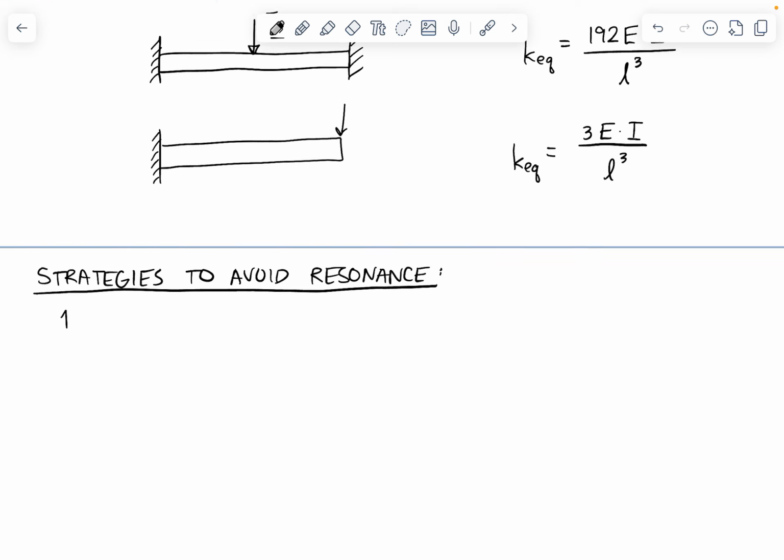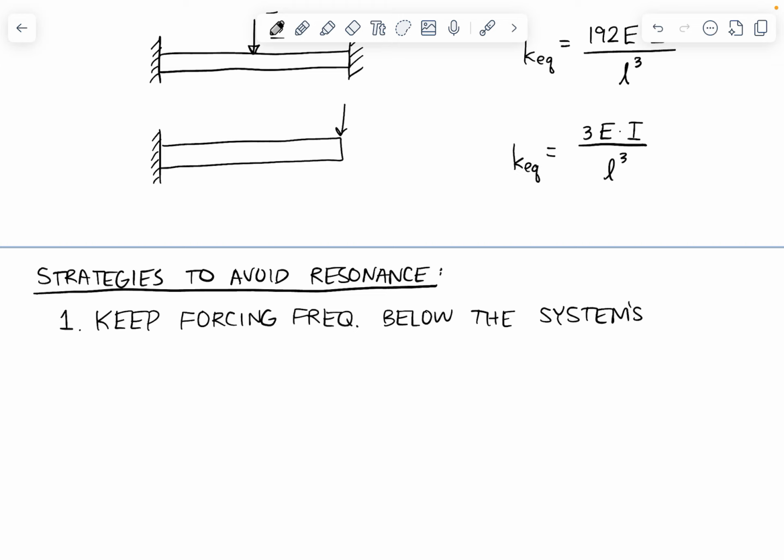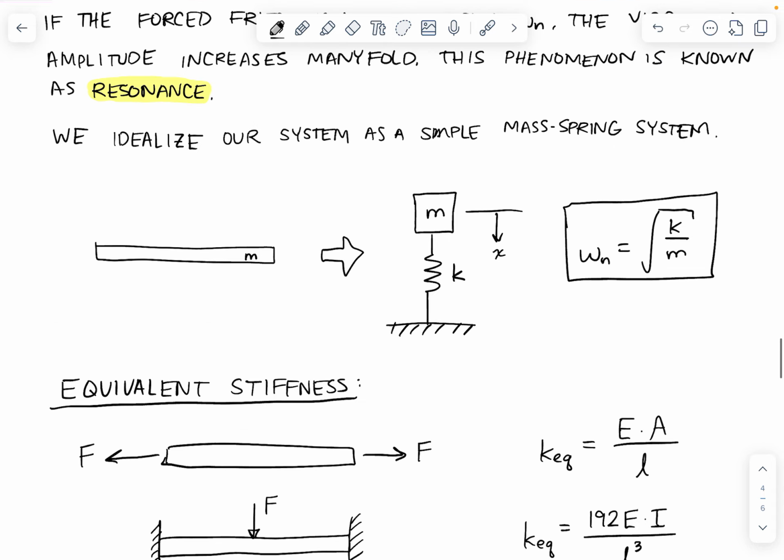And once you've done that and you have your forcing frequency, your goal is going to be to keep your forcing frequencies below the system's first critical frequency. In other words, you want to keep your forcing frequency below this first natural frequency of the system.